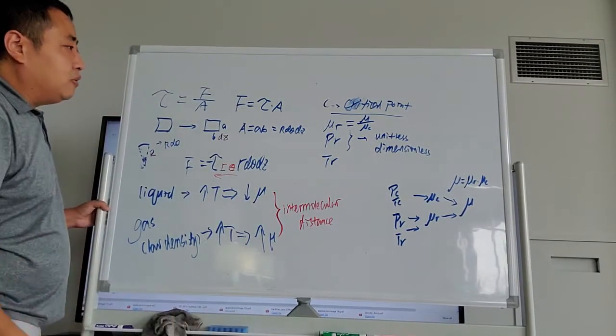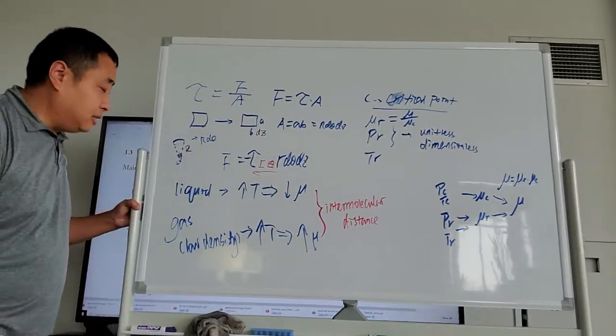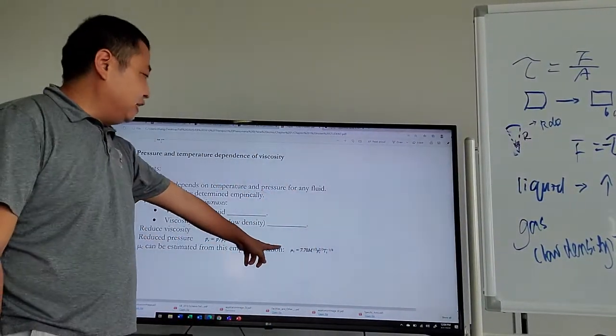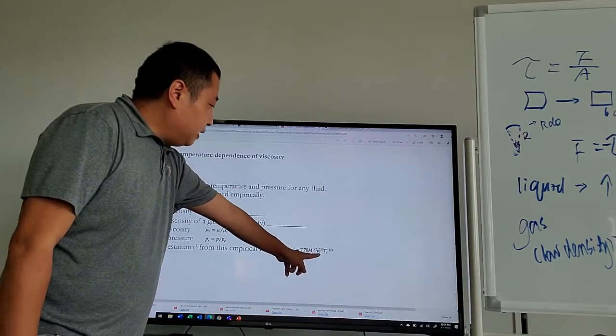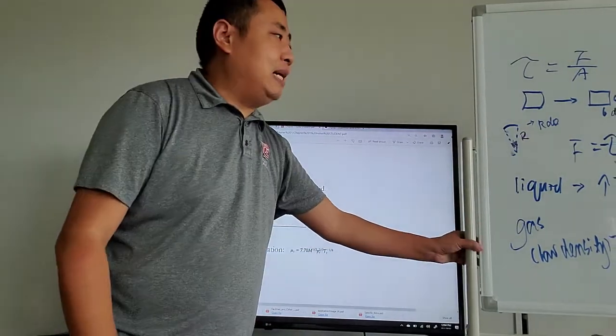Especially how do we go from PC, TC to MUC, there is an equation. This is an empirical relation. This is how PC, TC, and MUC are related. So big M here is molar mass.